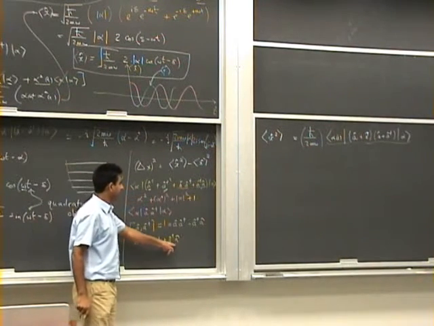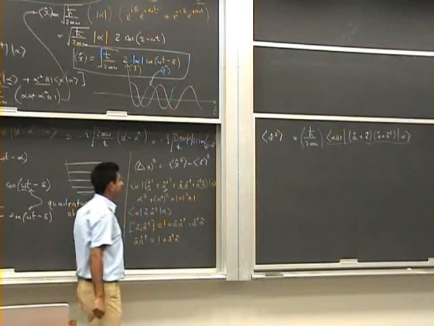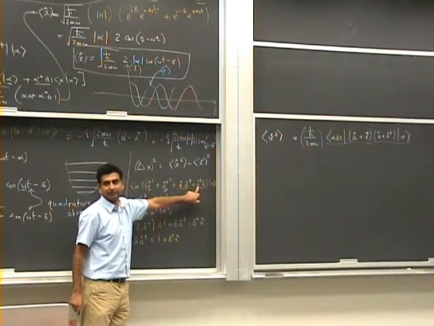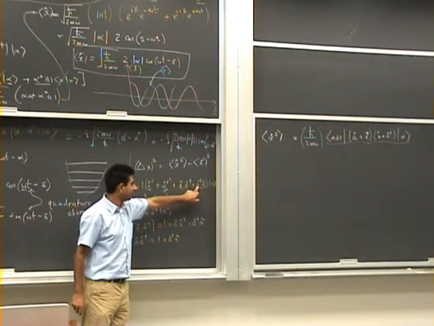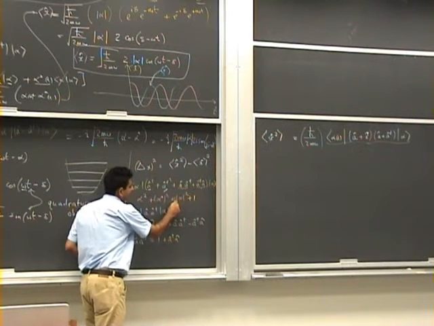And then A dagger A is simply another instance of this. This A dagger A gives me alpha mod square, so I put it in.